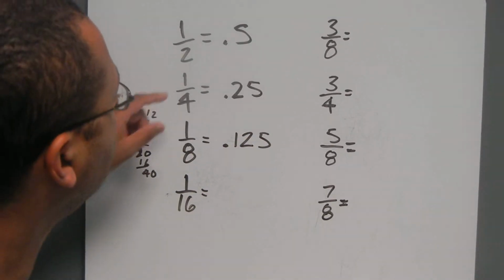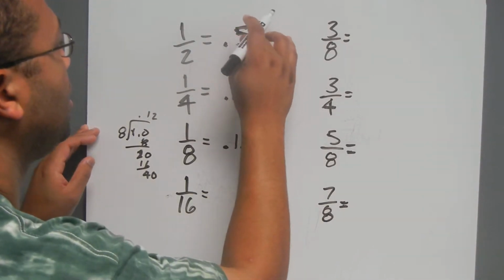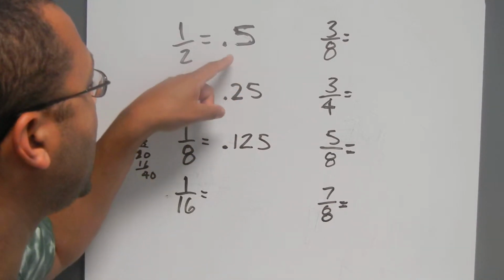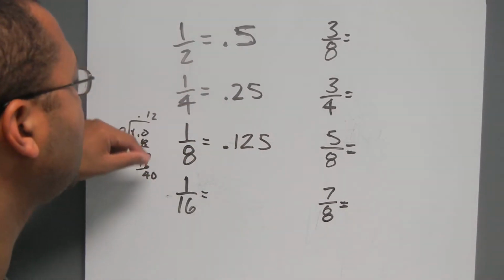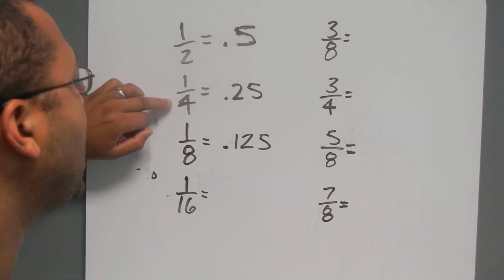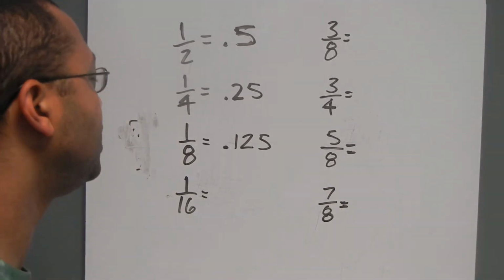I don't know if you noticed, but half of a half is a quarter, and half of a quarter is 0.125. Just like in these fractions: half of a half is a quarter, half of a quarter is 1/8, and half of an eighth is 1/16.